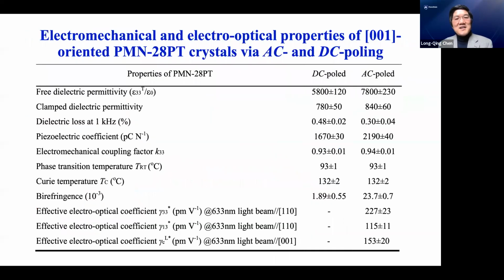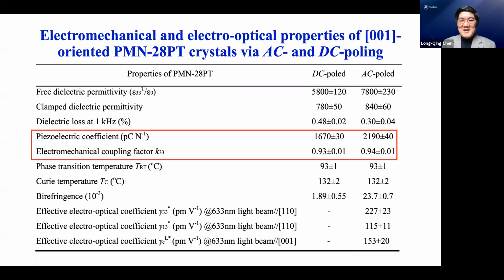Here the properties are listed, comparing the DC pole and AC pole crystals, from the dielectric constant to phase transition temperatures, and also some of the optical properties measured. I just want to point out in particular the piezoelectric response in terms of picocoulomb per Newton.